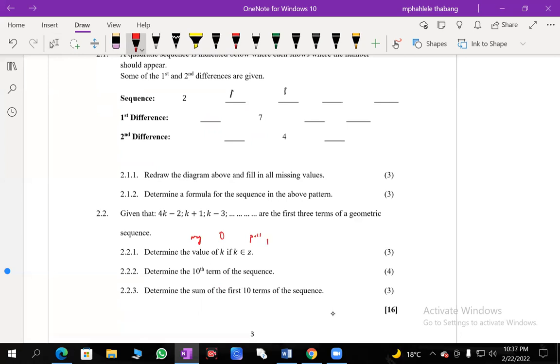When we solve, K gives 1 over 3 again, and it gives 5 again. So in your answer you must write K equals 5, because 1 over 3 is not an integer. Leave that answer out. This is not part of the solution. The answer is K equals 5. Very smart. This is how they ask their question actually. This one is very smart.